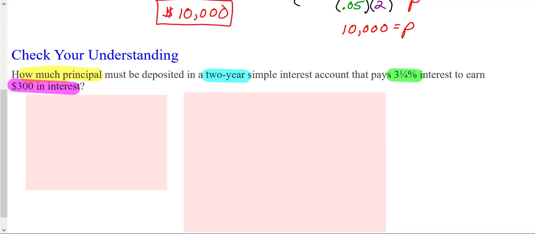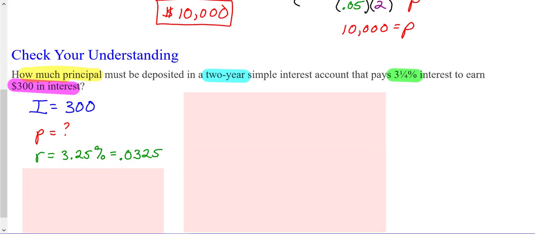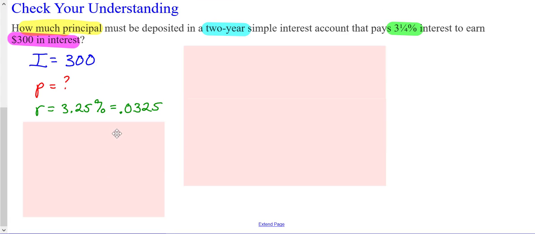So let's fill in our variables again. Our interest we know is 300. Our principal is what we are looking for. Our rate is 3.25%, which is 0.0325, because we would move the decimal over 2 spots, and our time would be 2 years.